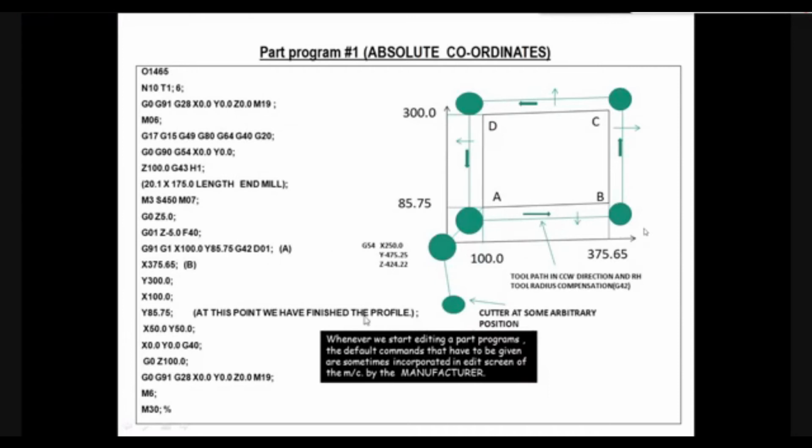This position O, the origin, the meeting point of the x-axis and y-axis, is taken as the reference point for the square shape. Though it is not a perfect square, just assume that. I had some difficulty drawing the figure. So that is A, B, C, D. The reference point for machining A, B, C, D is O.